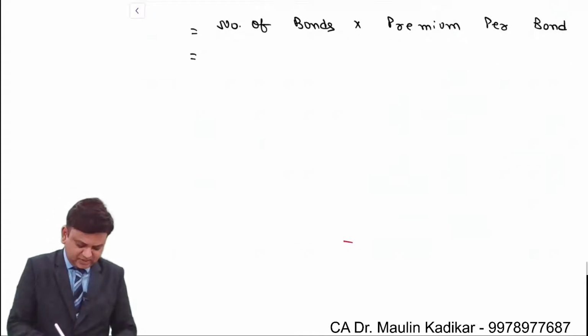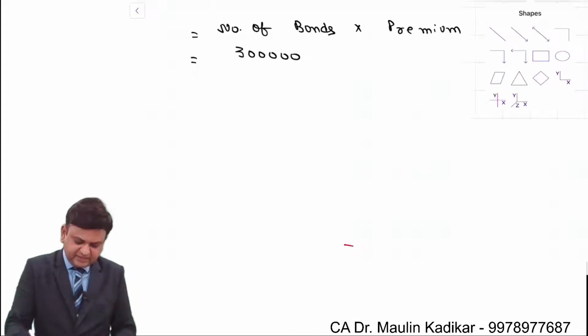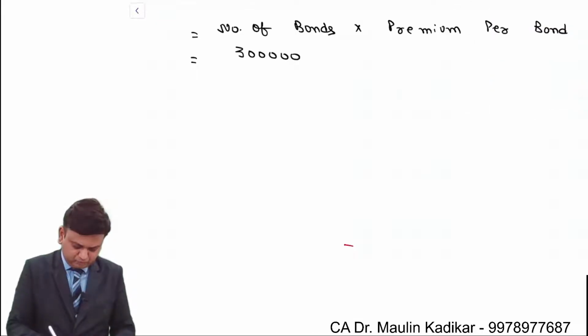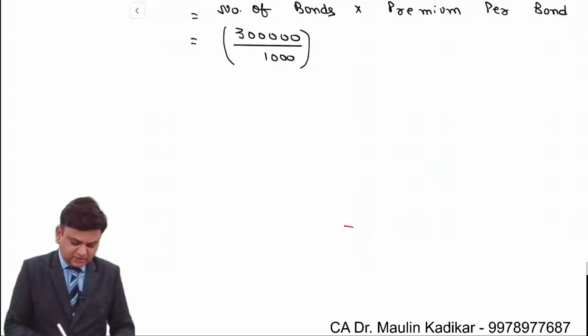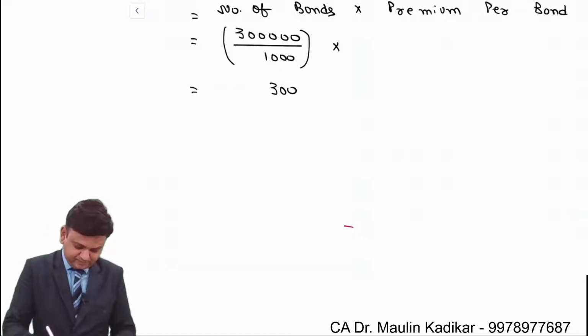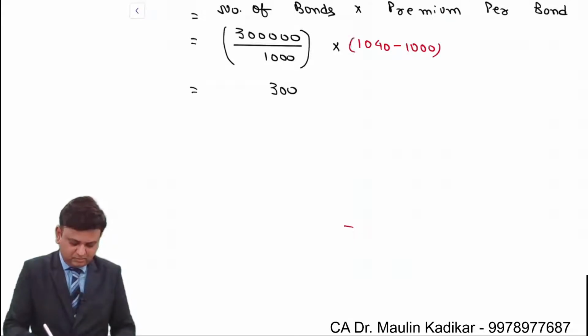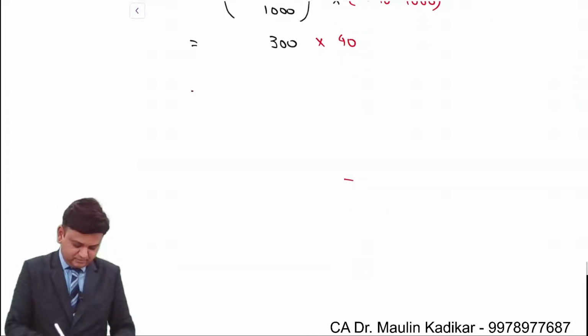It is 3 lakhs divided by 1000, that is the face value. So this will give us the number of bonds, that is 300, into premium per bond, that is 1040 minus 1000, that is 40 rupees per bond, which comes to rupees 12,000.